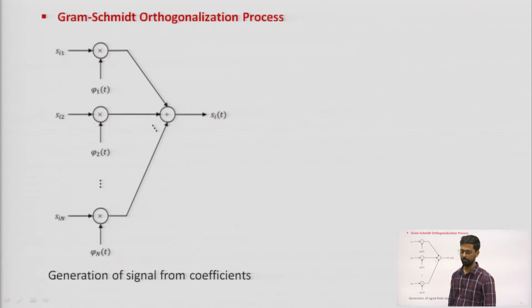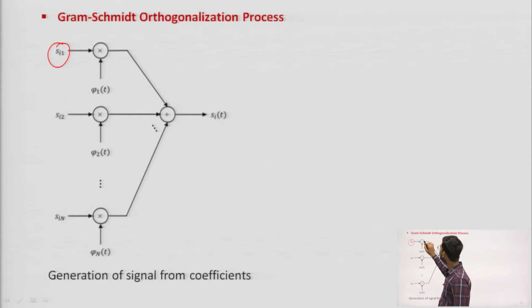In the pictorial form I can write it like this. Si1 is multiplied by phi 1, similarly Si2 multiplied by phi 2, similarly Sin multiplied by phi n. So many stages are there.